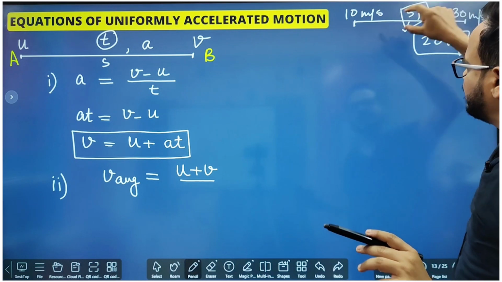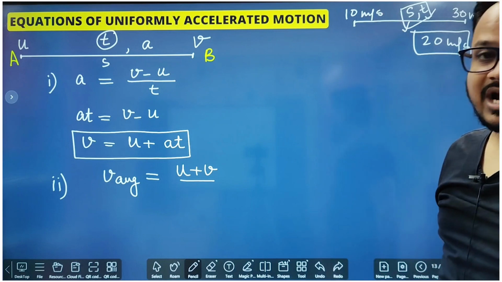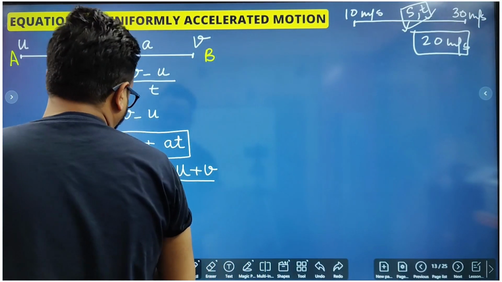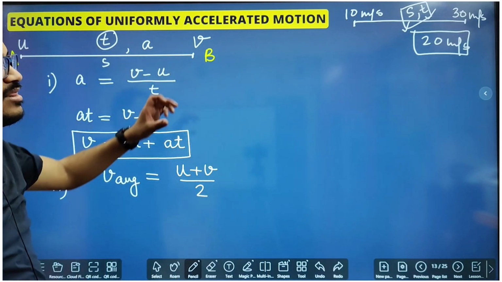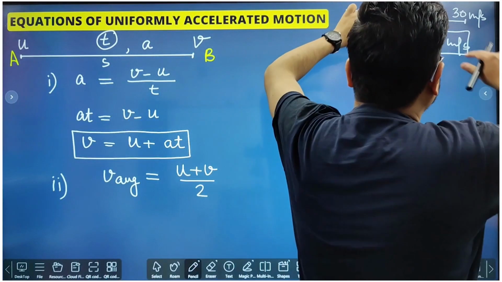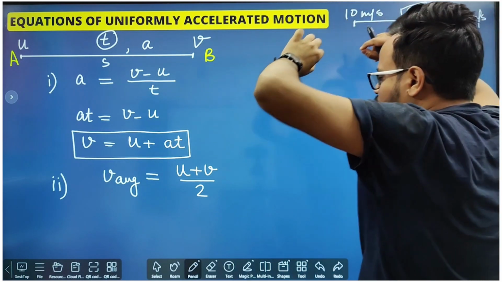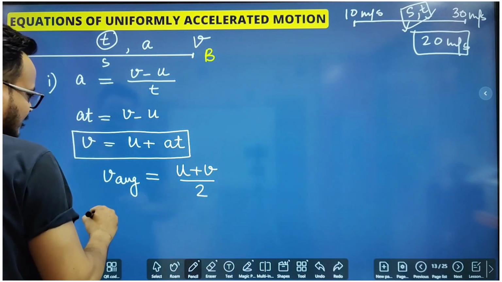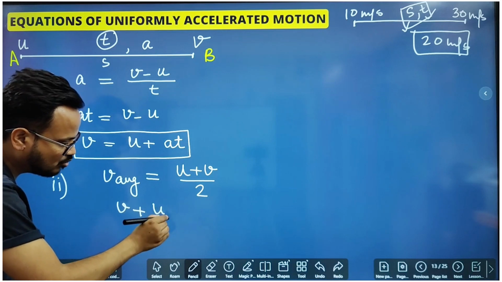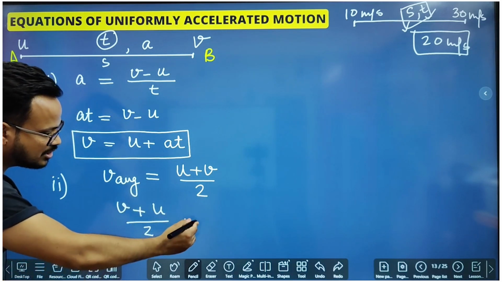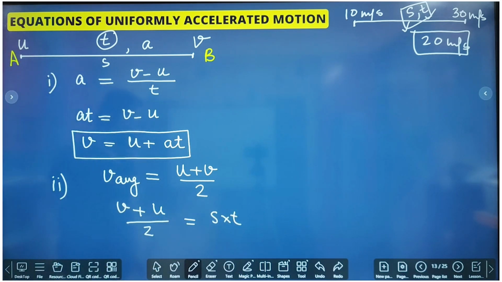Then it can cover the same distance in same time which it is covering in this situation, right? So that is the meaning of the word average velocity, which is u plus v divided by 2. So it is simply a fixed value of the velocity, and since velocity is displacement over time, we can say that v plus u by 2, that is average velocity, is s by t, right?